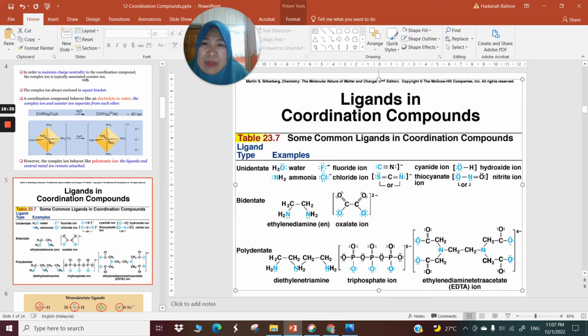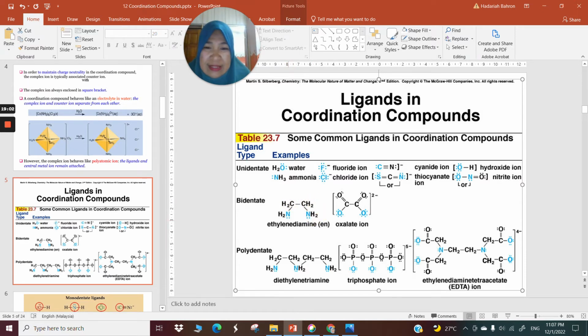These are some typical common monodentate ligands that have been listed at the top. Now, the second type of ligand is called the bidentate ligand. As you can recall from the previous slide, it contains two donor atoms that can donate lone pairs of electrons. Look at ethylenediamine, NH2 CH2 CH2 NH2.